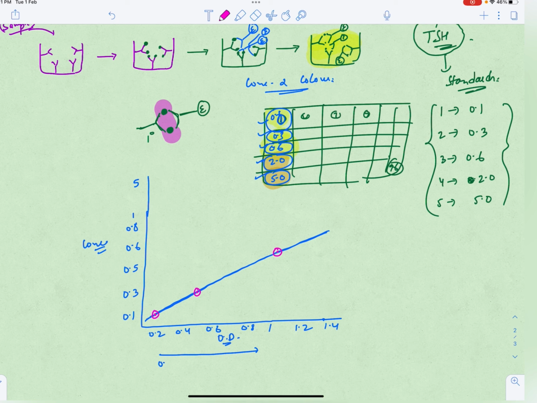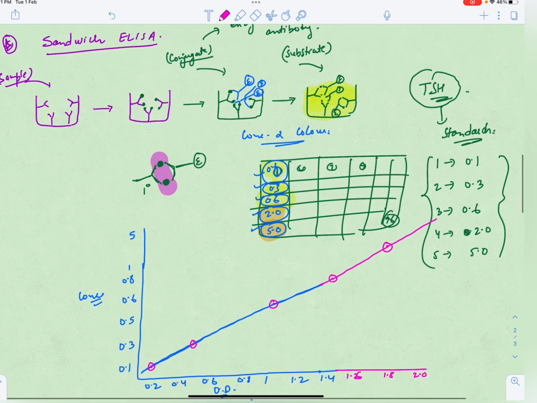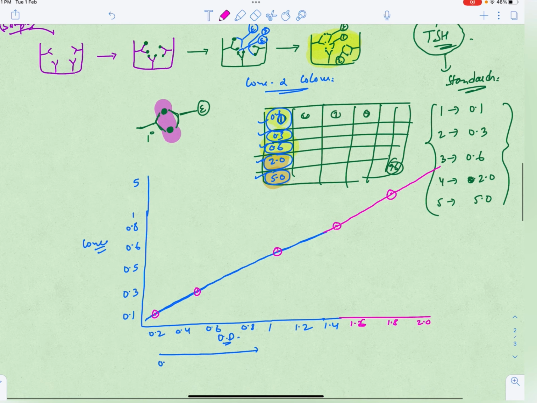In 2 concentration, suppose the OD is coming here, and in the concentration of 5, suppose the OD is coming here, up to 1.6, 1.8, 2.0. So in those types of ELISAs in which the concentration is directly proportional to color, you will observe a graph in increasing order.